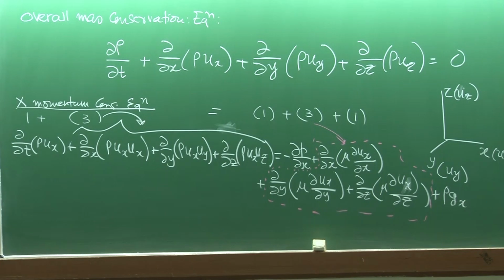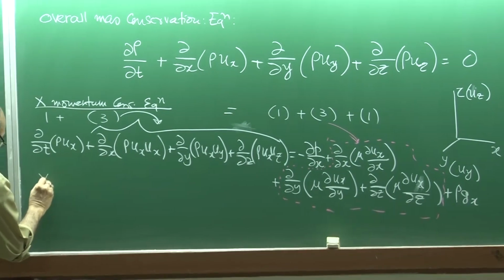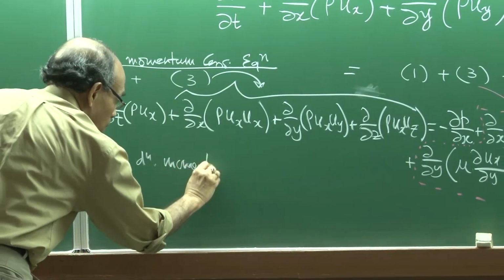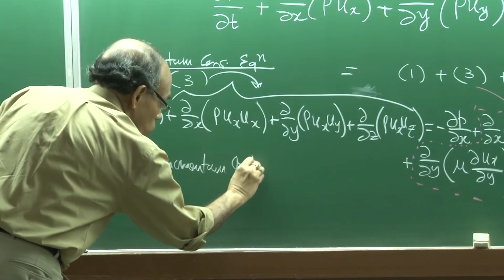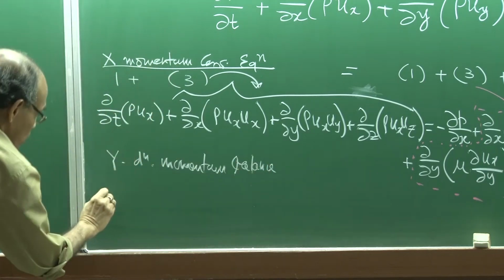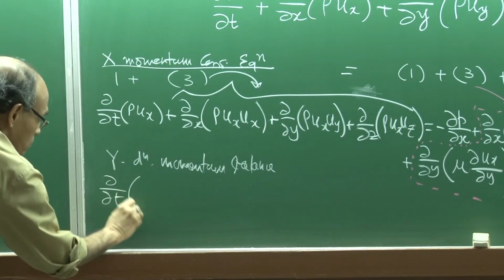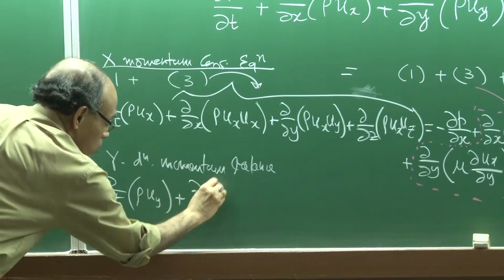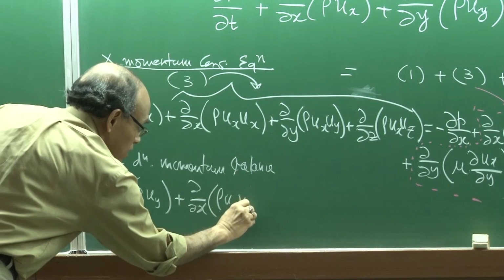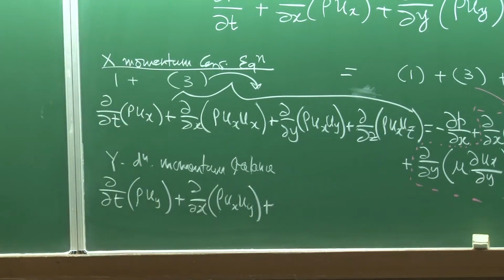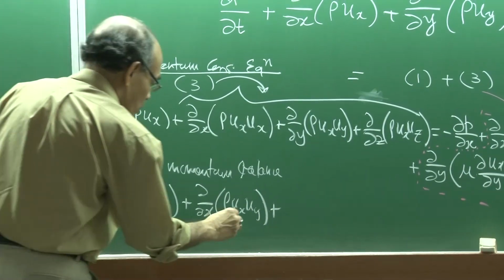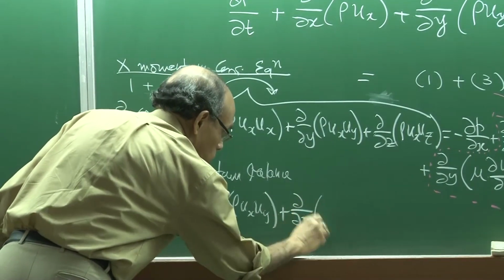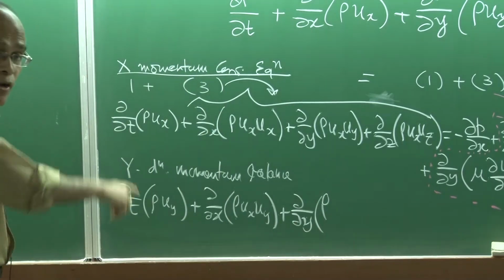So, I will have the y direction momentum balance also. If I write this equation, now you see how I manipulate. So, now I write ux uy, because uy is the y component of motion. So, here again you will have, are you able to read it?